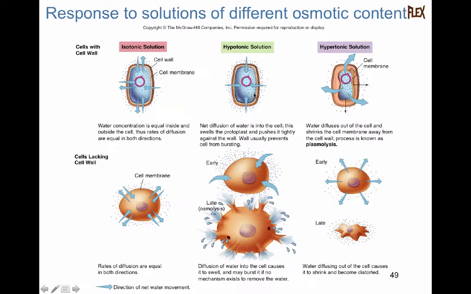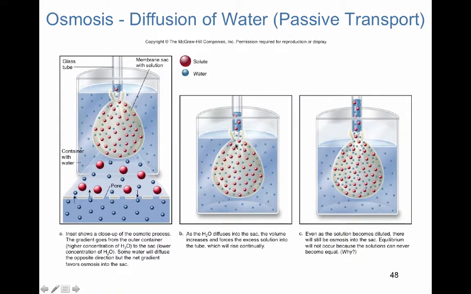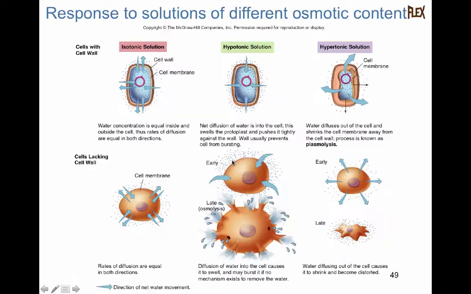You may have the potential for a hypotonic environment. The way I remember it is hypo for hippo: the cell will actually swell and become larger. This is happening because there's more water on the outside of the cell than the inside. So usually, it's very similar to what I showed you here. There's a high amount of solute inside, high amount of water outside.